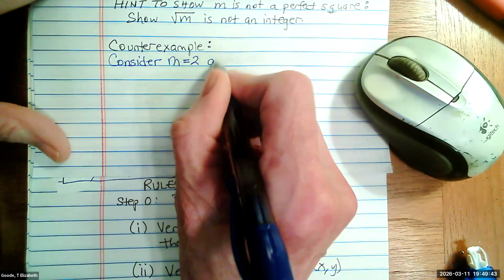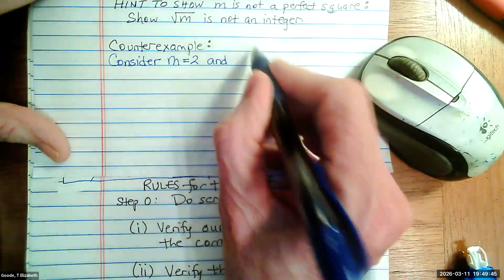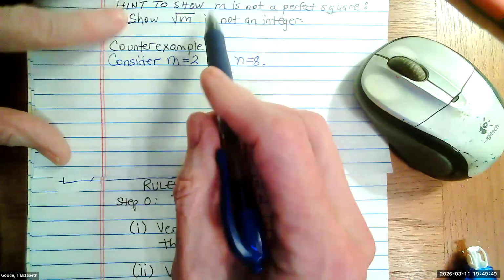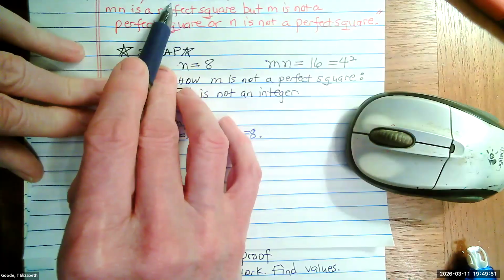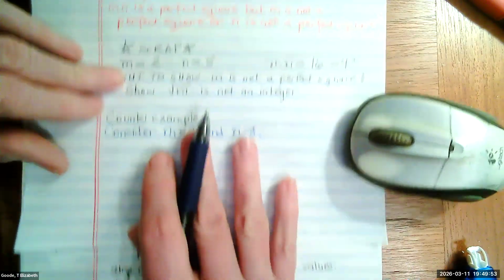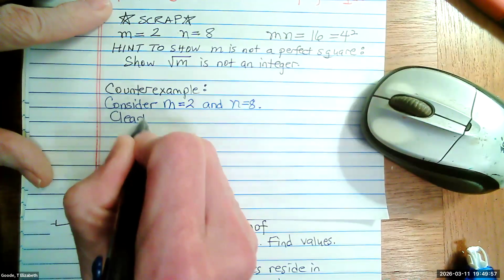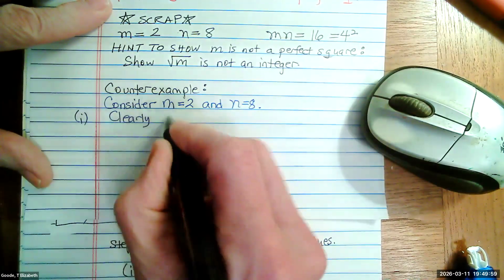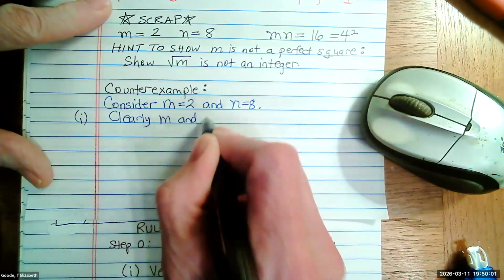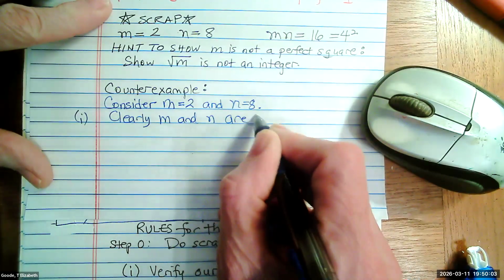Consider M equals 2 and N equals 8. And they have to be integers, right? So we'll just say that. Clearly they are integers. This is one: M and N are integers.